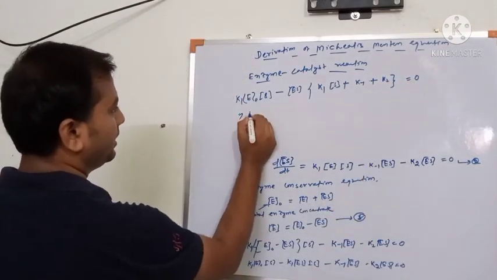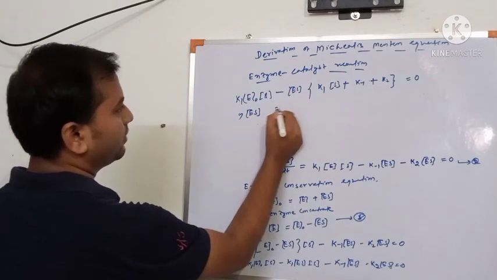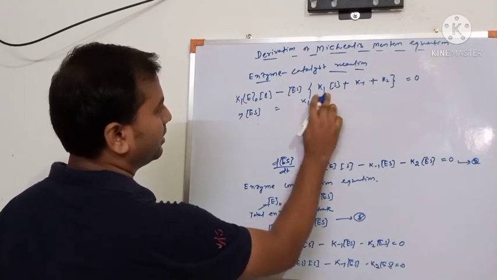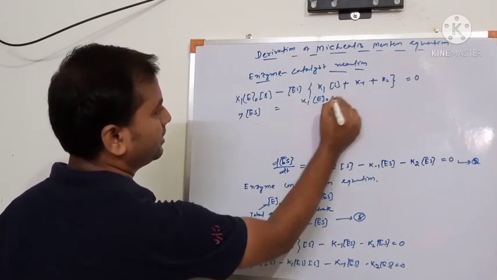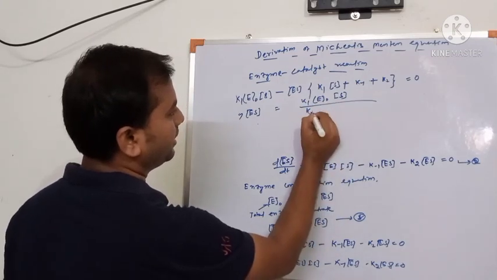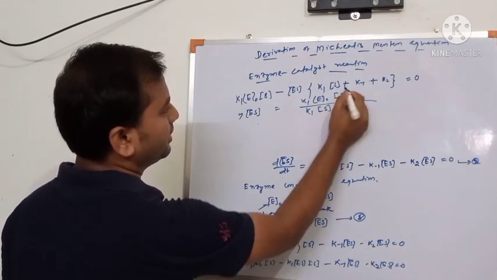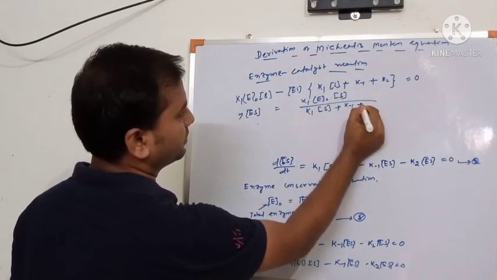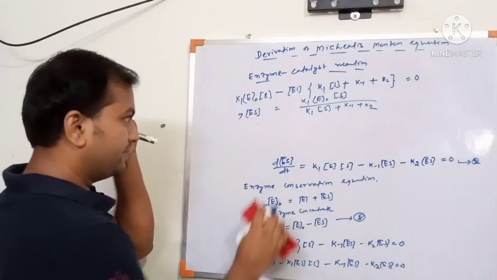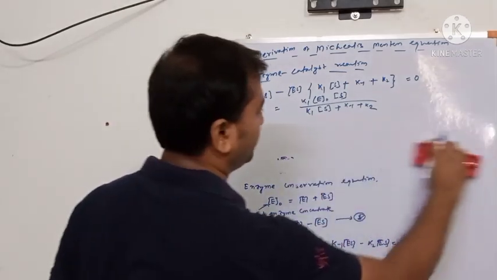So [ES] equals K1 E naught concentration into S, divided by K1 S plus K minus 1 plus K2. Put this value in the first equation.